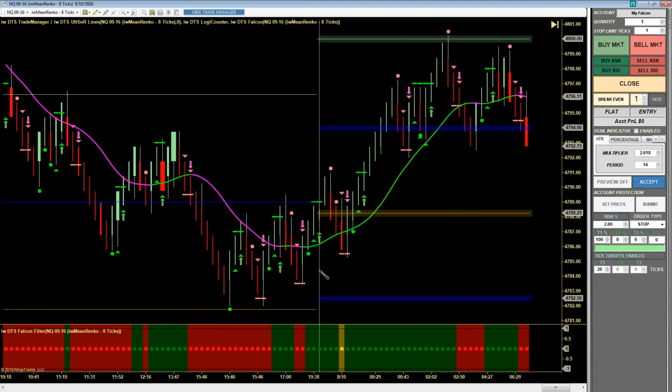So let's take a look at this one here, because this one's practically textbook. We have a market that's in a little bit of an uptrend. The market tops out, just happens to top out at our resistance line, comes down, and then tries to resume the trend.